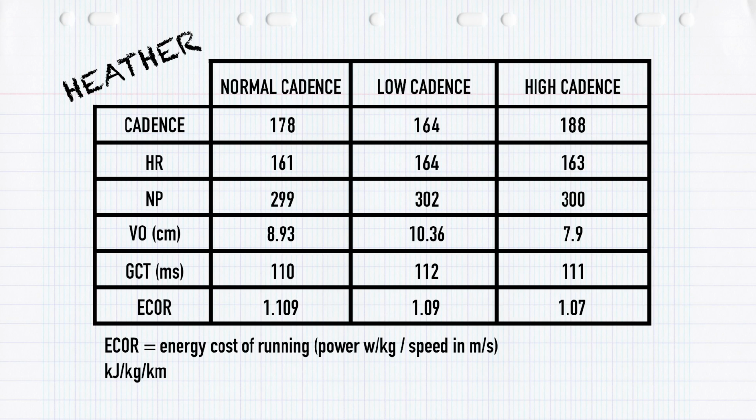Yeah. So mine there was not quite as clear as yours, but my most efficient was my high cadence, which I think shows that there's maybe less difference between my normal cadence and my high cadence. But there was some interesting research that I read when I was putting this together. An experiment was done with athletes who were what they called untrained compared to trained athletes, and they got them running at these different cadences.